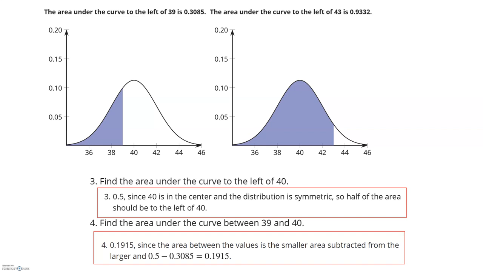In this case, you already know that 40 is 50%. And you also know that 39, to the left, is 0.3085. So between here and here, what is it, right? You just have to subtract 0.5 minus 0.3085, and then you get 0.1915.